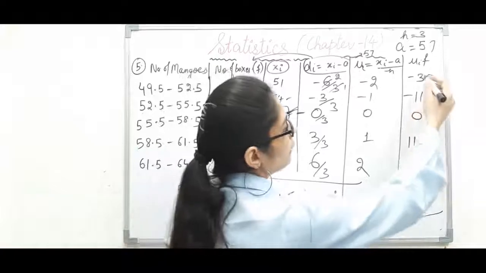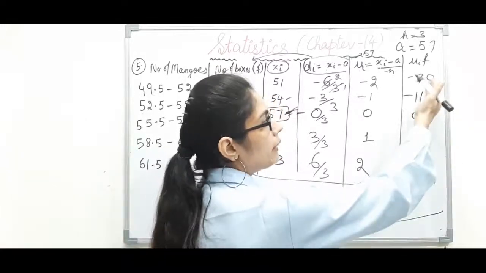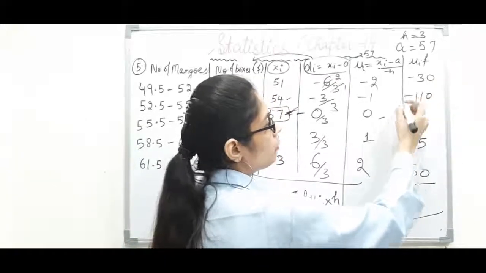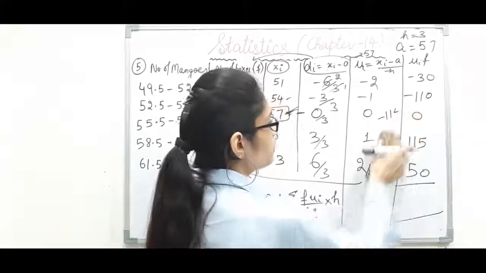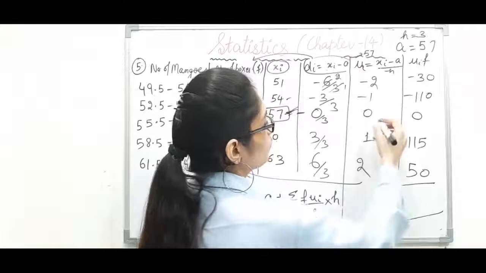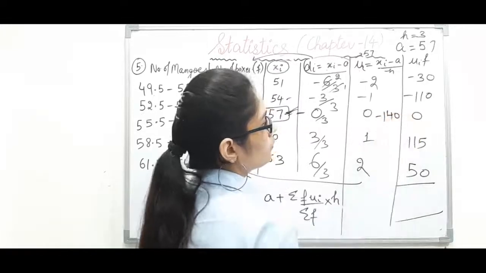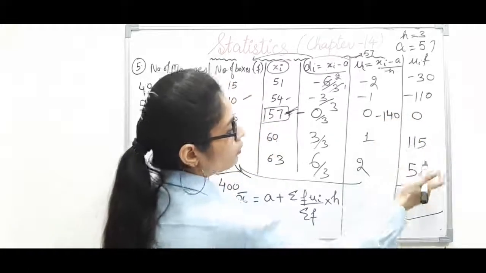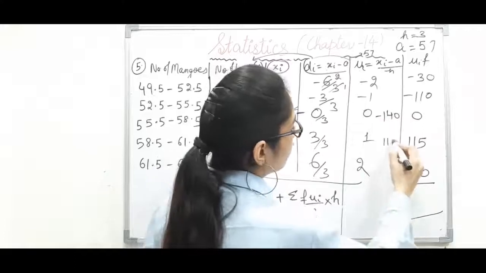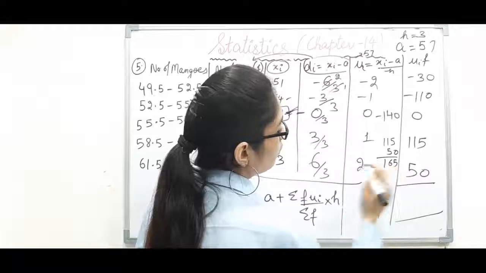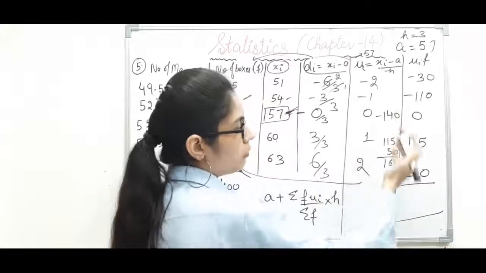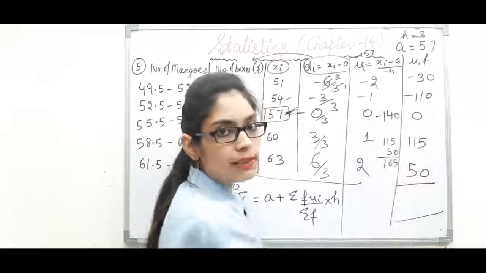So let's add it, minus and minus it is plus, so minus 30 minus 110, if you add these two you will get minus 140. These two are positive terms, let's add 115 and 50, so you will get 165, and now 165 minus 140, because all the terms you have to add.